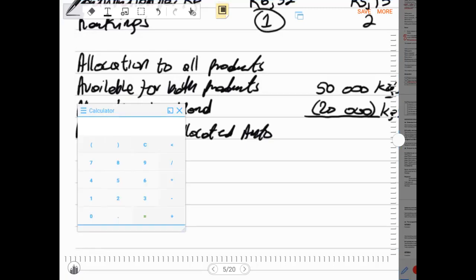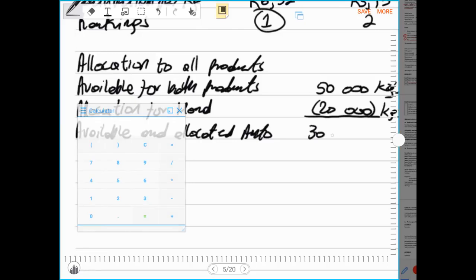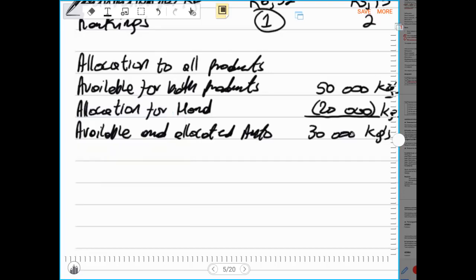Then I will say 50 minus 20 will give us 30,000 kgs. Remember, these are kgs. Don't misread it with the units, because kgs are bigger in this case than the units that you want to manufacture. We need more kgs in order to manufacture the lesser number of units.